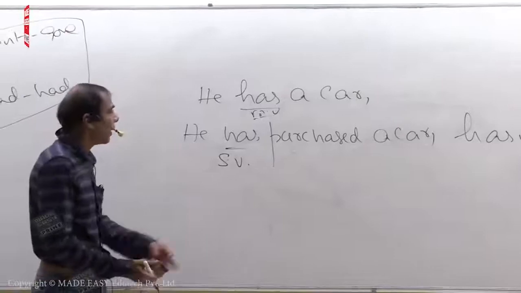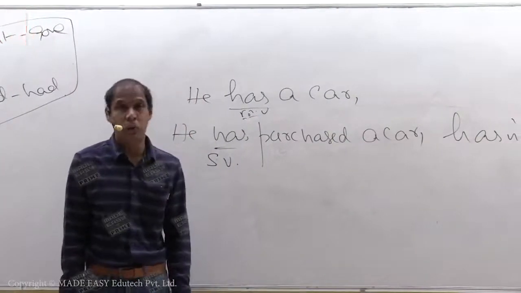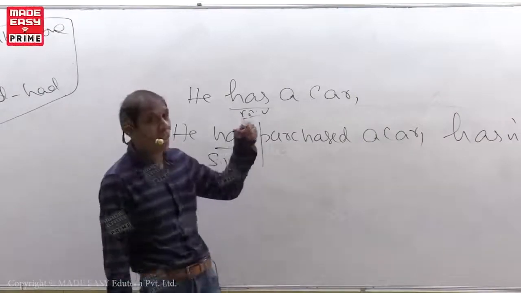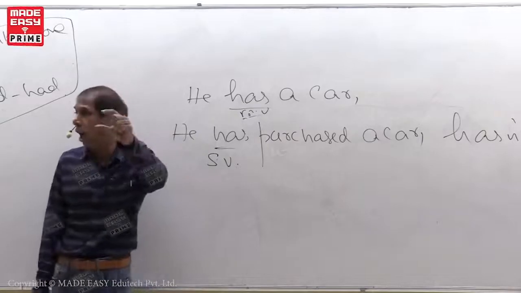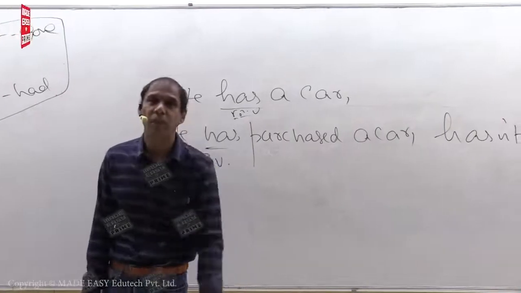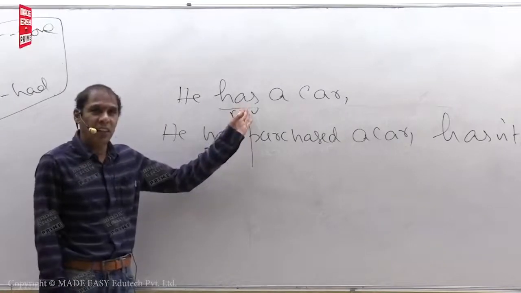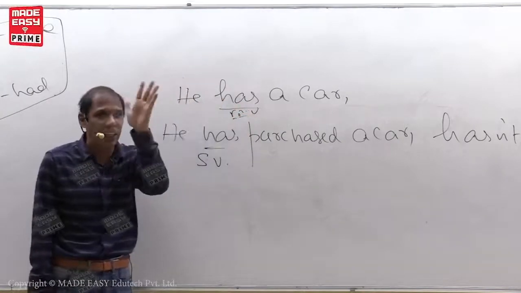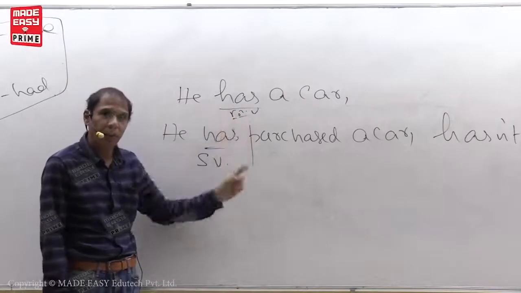That's all. He has a car. Statement is positive or negative? Positive. Right? So question tag must be negative. If you want negative, what is the rule? Put not after the special verb. But here in this sentence, has is not acting as special verb. This is main verb.